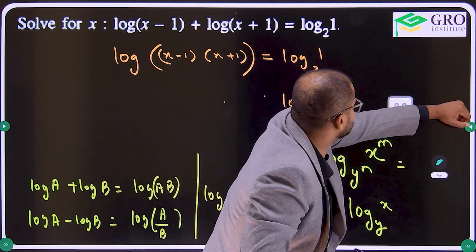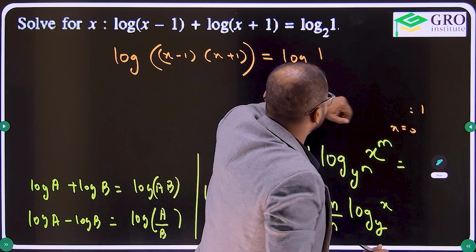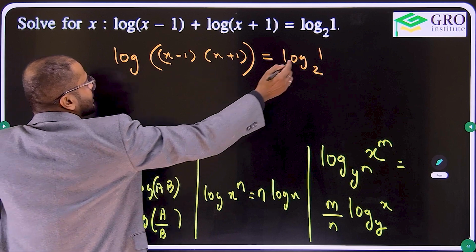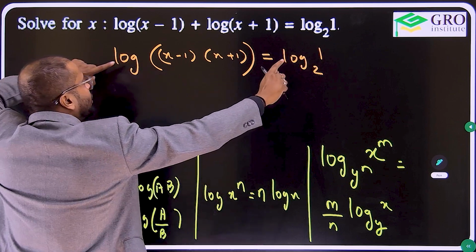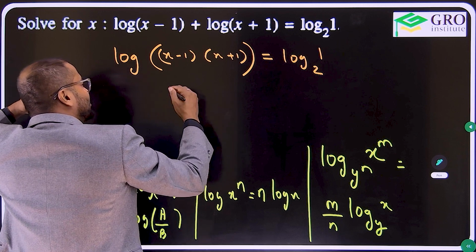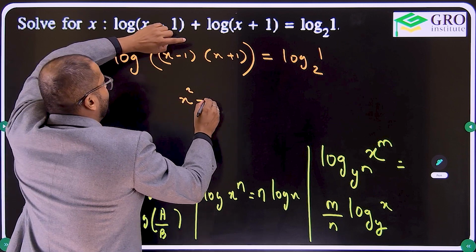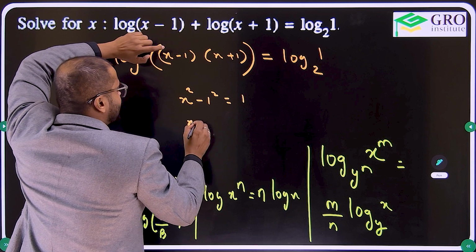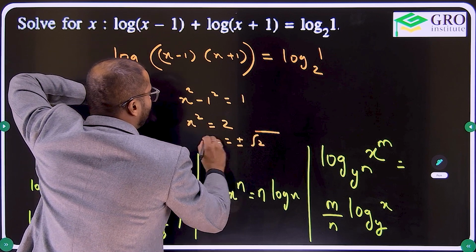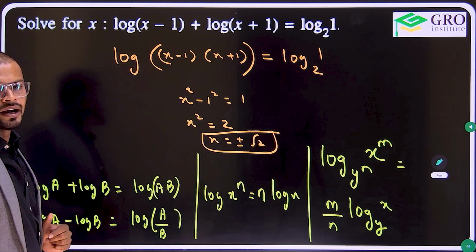So this is basically written like log 1 only, and this is actually 0. But just for cutting both of them down, that's why we are just cutting them, and it is x square minus 1 square is equal to 1, and it is x square is equal to 2, and x is equal to plus minus root 2. Yes or no? I hope it is clear, right?